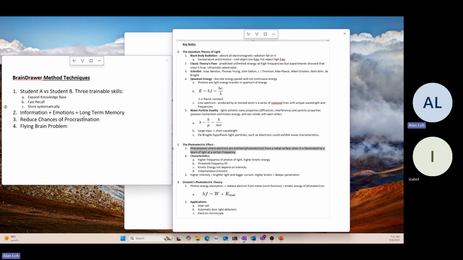Let me help you understand this very short definition more easily with a story. So we are using this to help you understand this faster. You are holding a torchlight and beam that torchlight on a piece of metal. Apparently that weird metal has an eye, you know, the eye that helps you to see things.